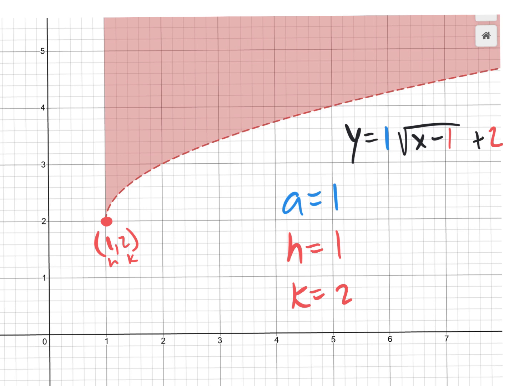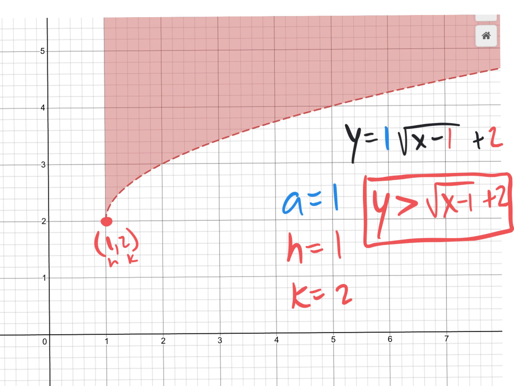Oh, wait a minute, I'm sorry. I wrote it as an equation. It's not an equation. It's an inequality because it's shaded. So greater than would be the replacement for the equal sign. So this should read y is greater than the square root of x minus 1, plus 2 on the outside.